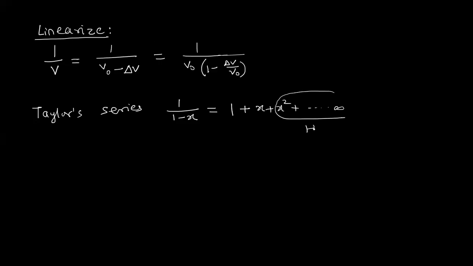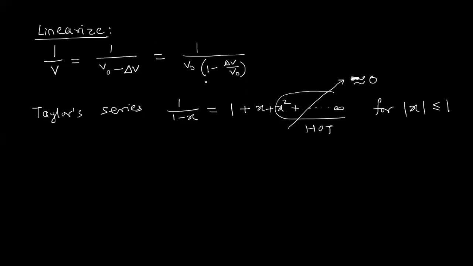Here we have higher order terms which can be neglected to 0, for absolute value of x within the unit circle, when these values are less than 1.